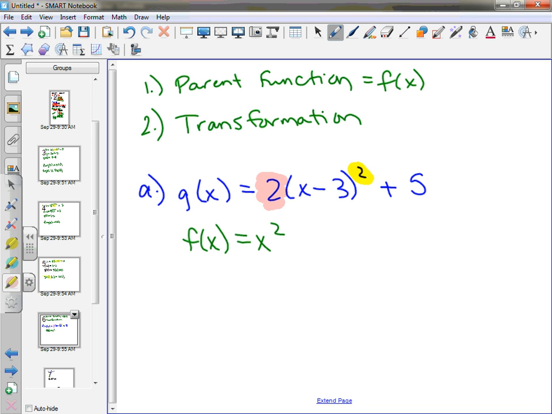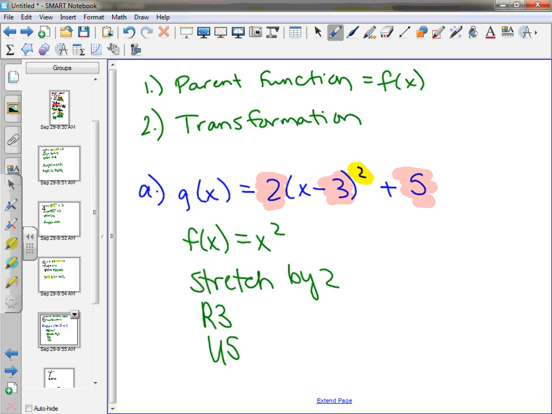This 2 stretches it because it's greater than 1, so it stretches it by 2. This 3, it's minus 3, so you're actually going to go the opposite direction of what you think, so you're going to go to the right 3 units. And lastly, this 5 is going to move the whole graph up 5 units. And that one's it.